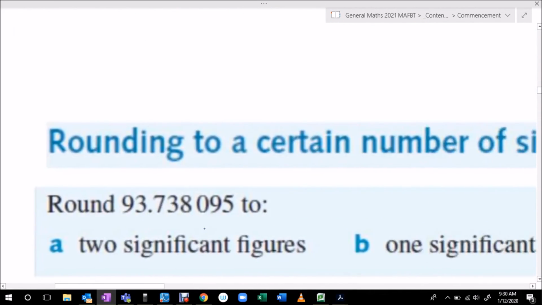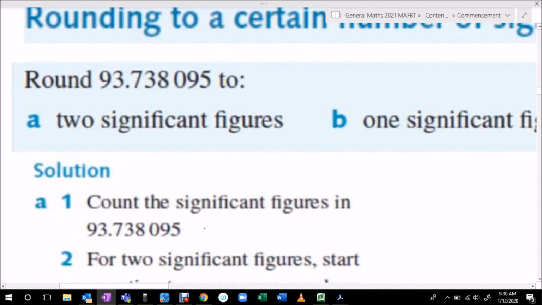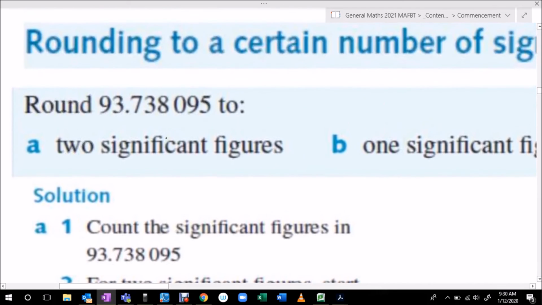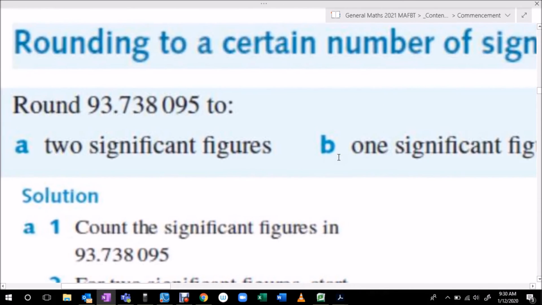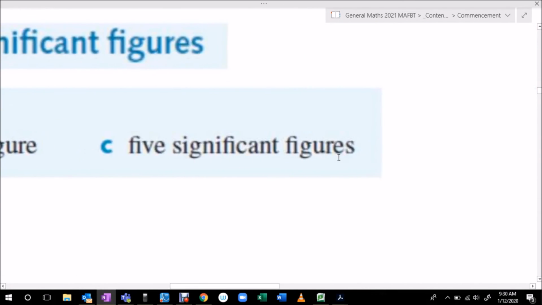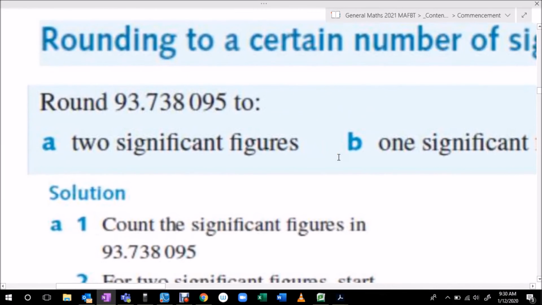Let's try these ones as practice. I want to round this number to 2 significant figures, then 1 significant figure, and then 5 significant figures.